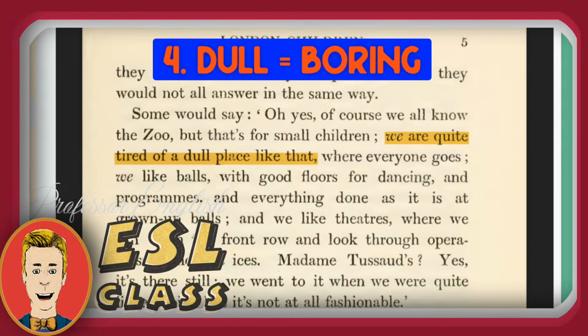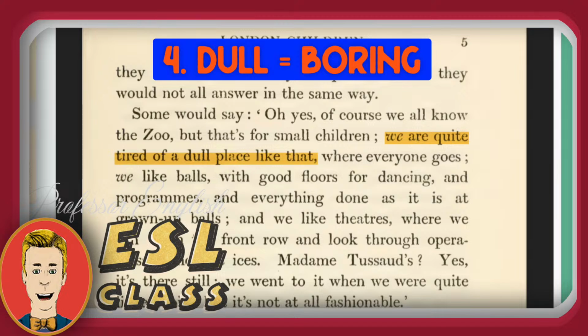Let's say exciting place, no. Boring place, yes. So two sentences. No, the zoo isn't an exciting place for older children.